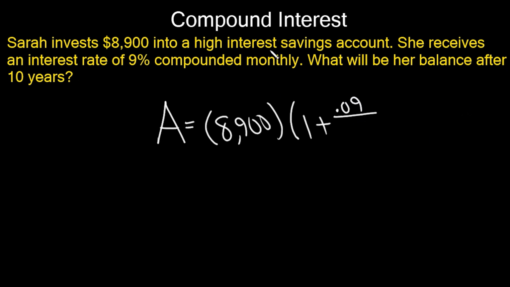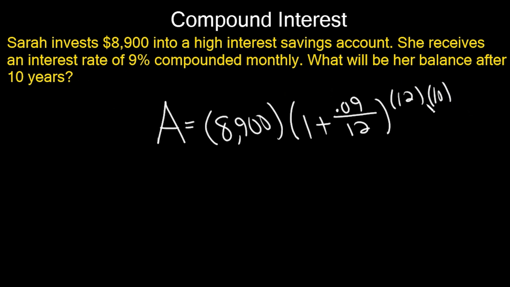Now, they're telling you it's compounded monthly. Now, remember, when you compound something, that's per year. So if you're saying monthly here, well, we know that there's 12 months in a year, meaning n will be 12 here. So I'm going to put 12. And then all to the power of n times t. Well, n will be 12, and my time here will be 10.